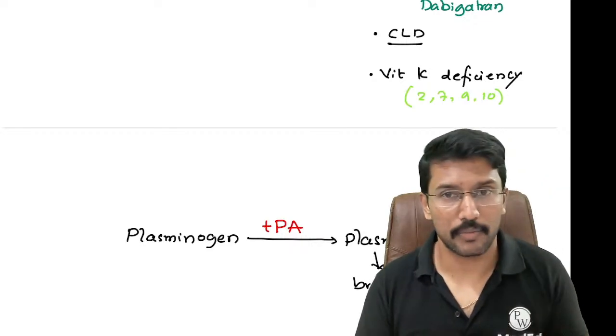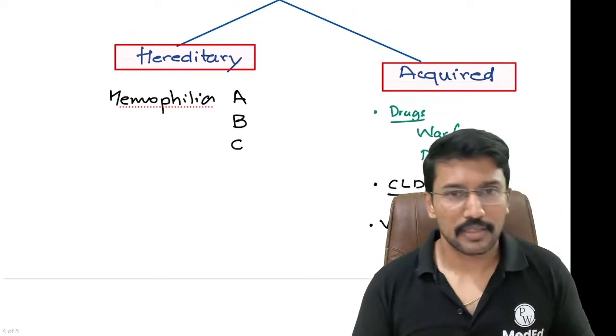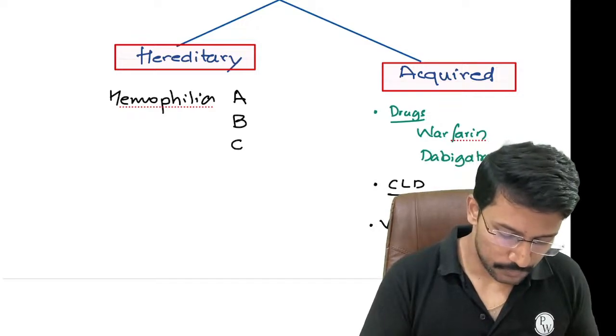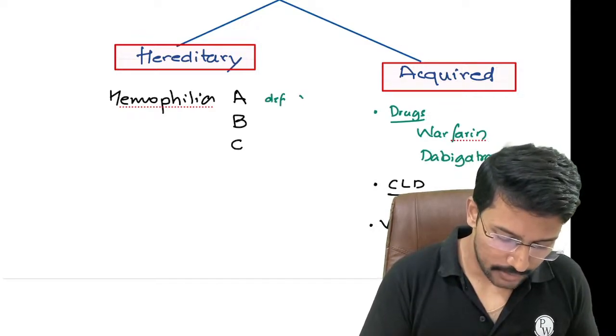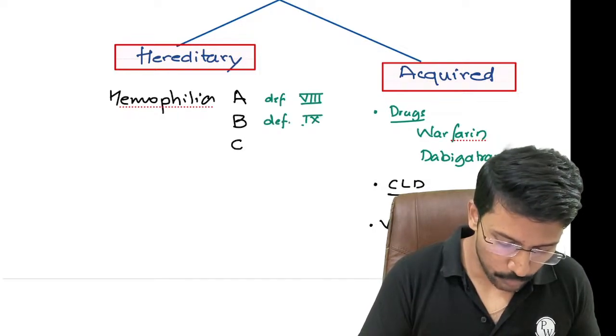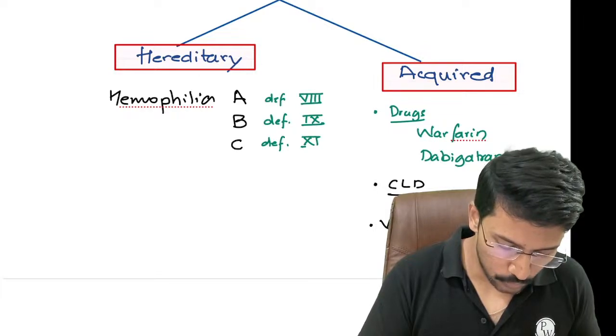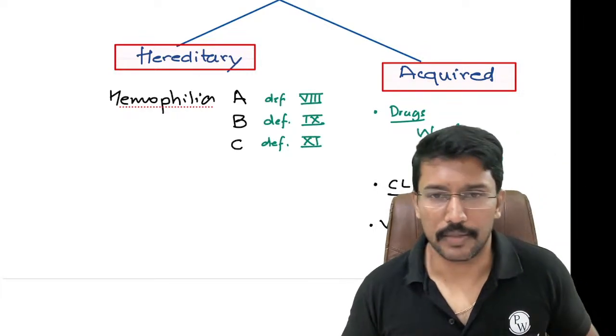They are dependent on vitamin K. Inherited coagulation cascade disorders are hemophilia A, which is due to deficiency of factor 8, deficiency of factor 9 leads to hemophilia B, and deficiency of factor 11 leads to hemophilia C.